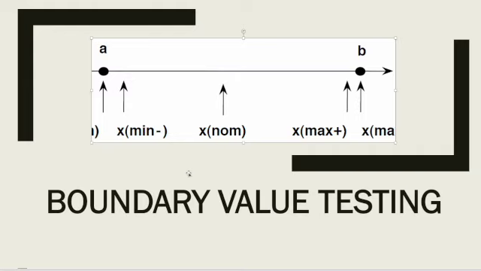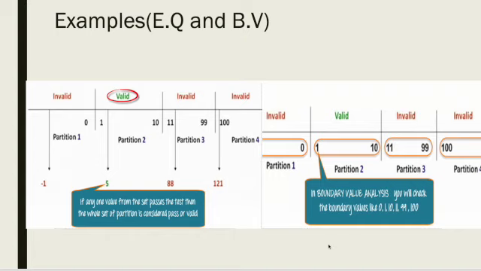All right, let's continue. So we have talked about this. As you're looking at this now, you already know what equivalence partition is in this diagram, right? This is the equivalence partition, and this is what? Boundary value. You can see from the way it is drawn, boundary from 1 to 10, right?